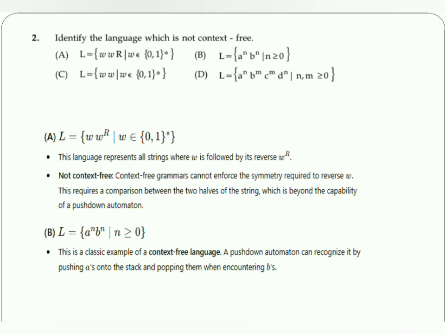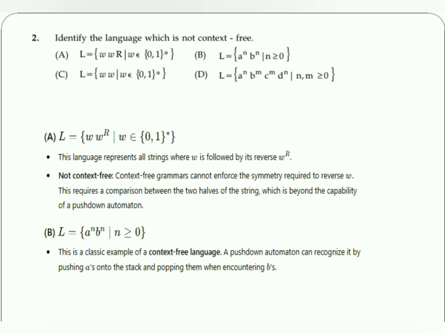So option A, L equals W power R, where W belongs to 0 comma 1 whole star. Here W is a combination of 0 and 1. W power R represents strings where W is followed by the reverse of W. Suppose we have 0 plus 1 whole star, then W power R will be 1 plus 0 whole star, that is the reverse of this combination.